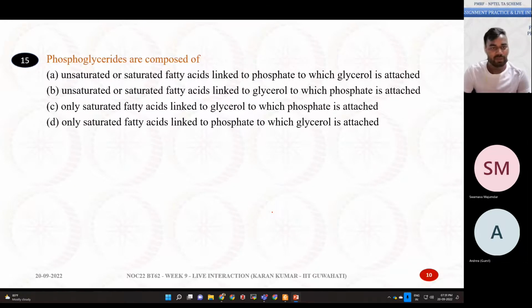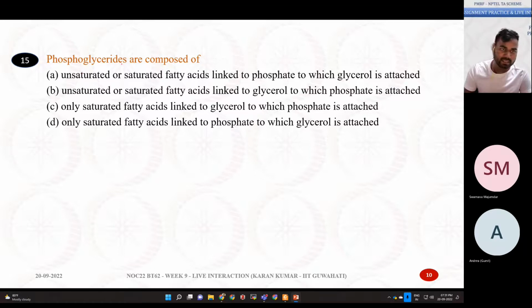Next question is: phosphoglycerides are composed of option A, unsaturated or saturated fatty acids linked with phosphate to which glycerol is attached, or unsaturated or saturated fatty acids linked to glycerol to which phosphate is attached, or only saturated fatty acid linked to glycerol to which the phosphate is attached, or only saturated fatty acid linked to phosphate to which glycerol is attached.